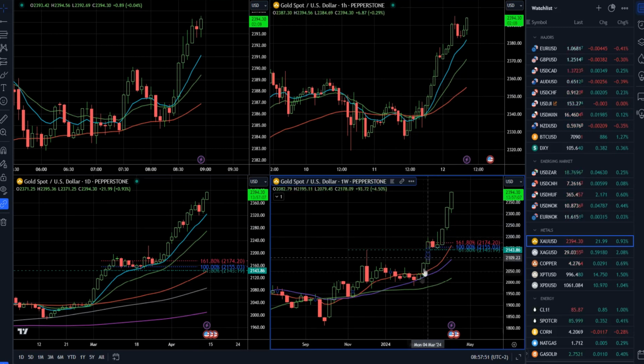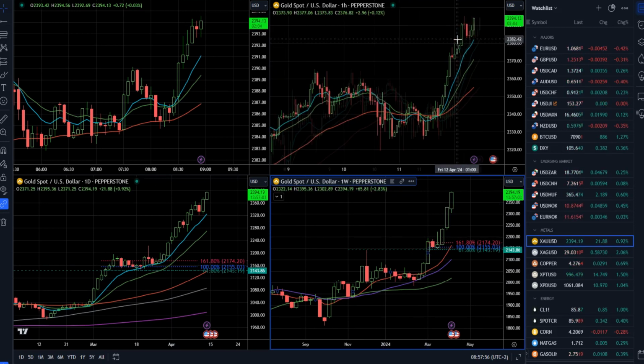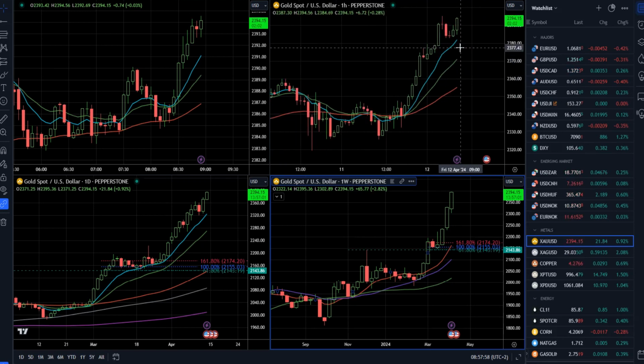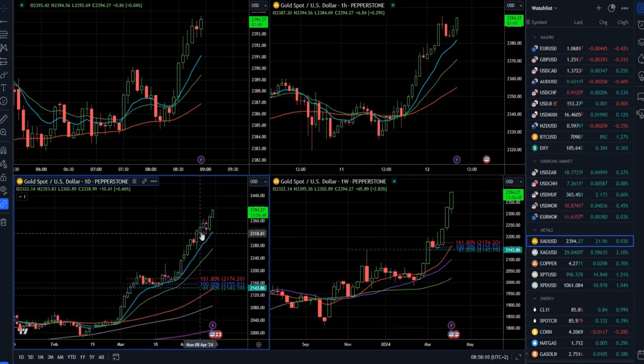In the weekly time frame, we really have a vertical move in the last couple of weeks, and the market is at a new all-time high around 2395, so still no bigger weakness on the intraday frames or on the higher time frames. So the next upside objective from my perspective, 2400 and 2410.